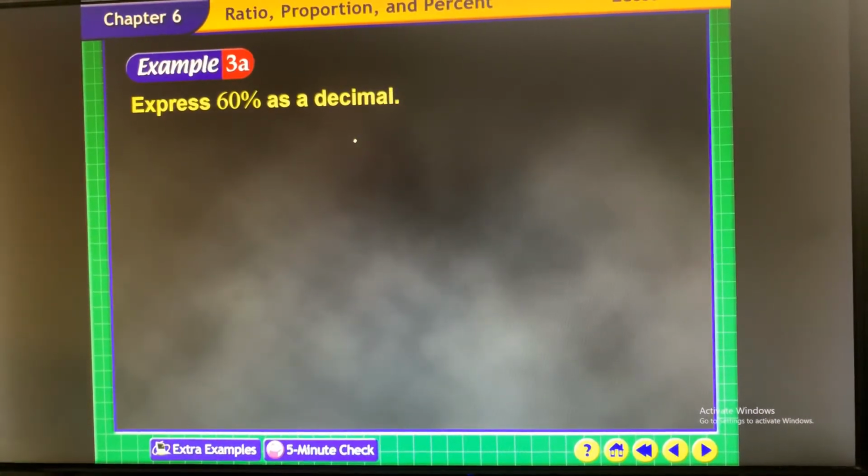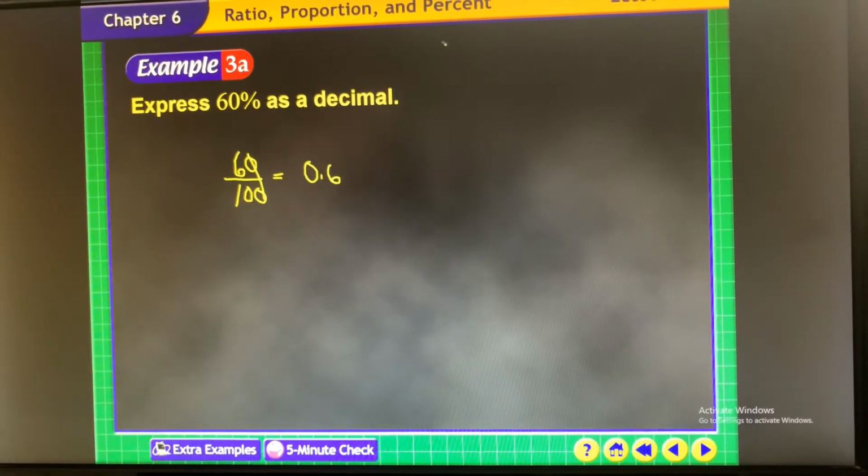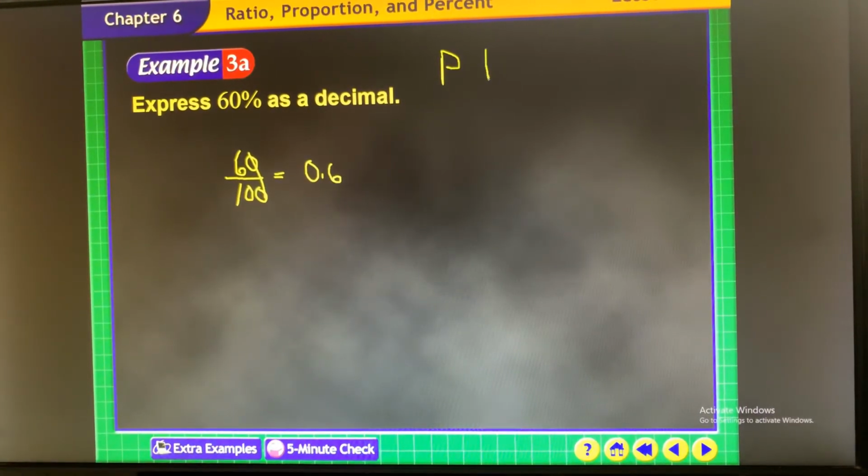60% as a decimal, so change it to a fraction first. 60 over 100. Cross that out. It just is 6/10. Or better yet, if I want to go from P to D, you're simply going to move the decimal 2 places to the left.